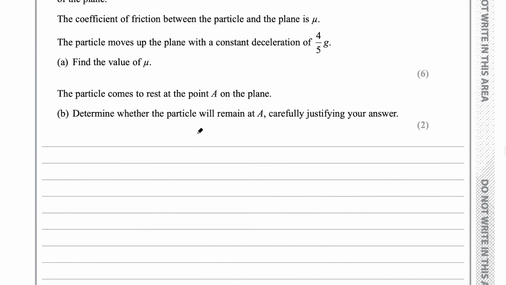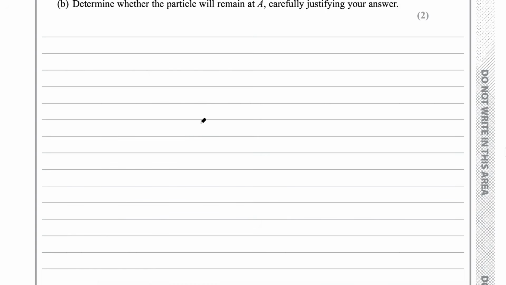Okay, so let's start off with a diagram. So let's just try to picture what's going on here. So we've got our ground and then some height and then our slope here like this. Now the angle of the slope is alpha.